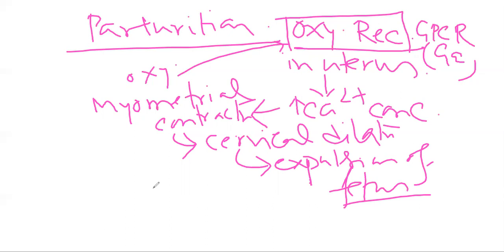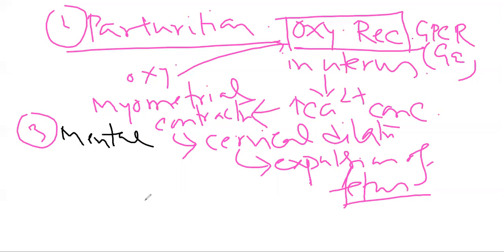Oxytocin also helps in mental well-being. This is the second action. Third one is that oxytocin also helps in mental well-being. So mental well-being can be maintained by this oxytocin.